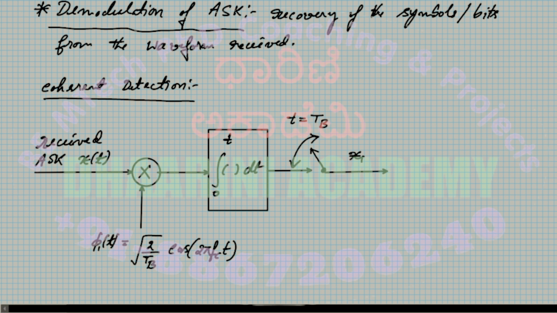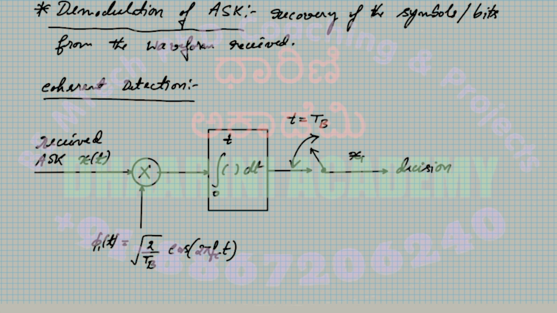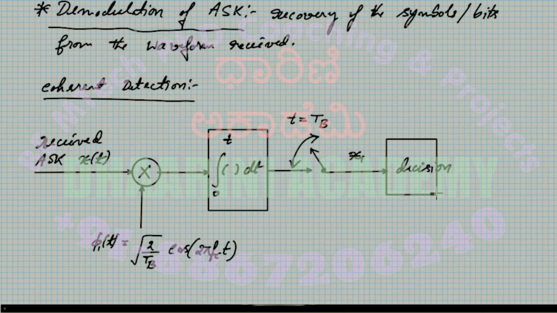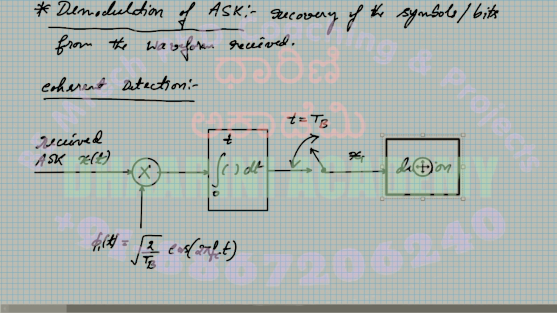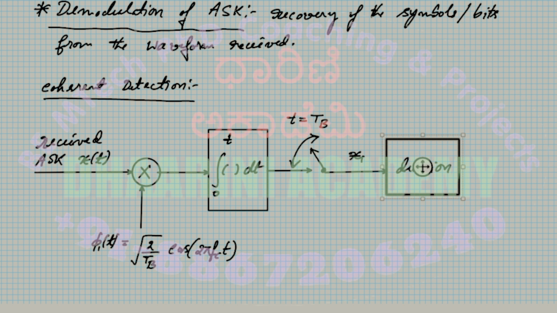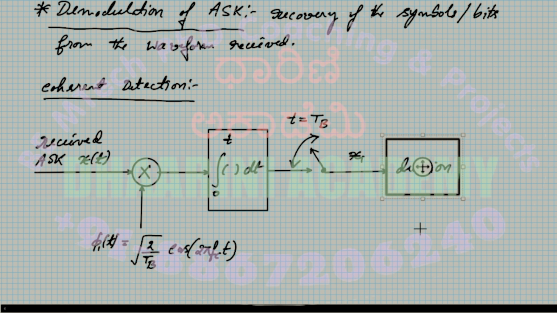Now we give this sample to a decision making device. How is the decision made? It is based on some threshold. This threshold value is decided by the signal constellation diagram which we used.